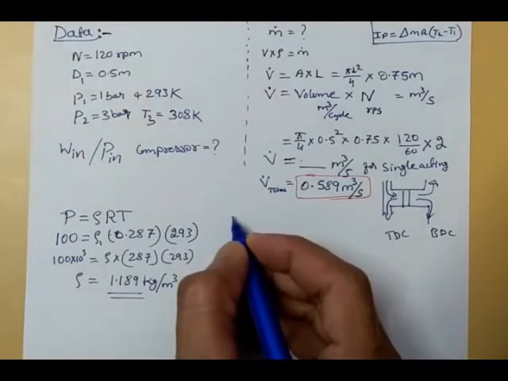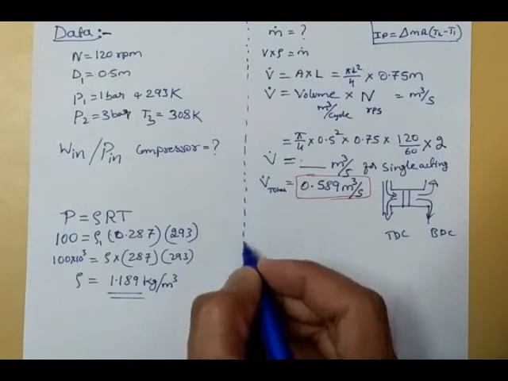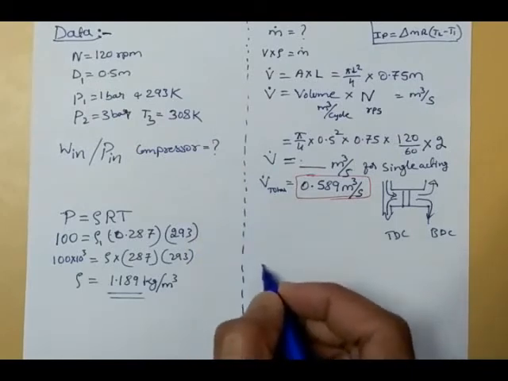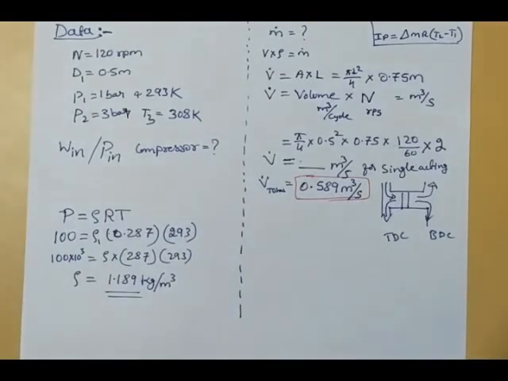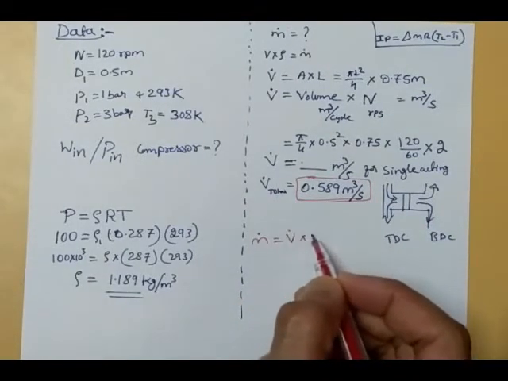now I will be able to substitute in this mass flow equation, that is m dot is equal to V dot into rho.